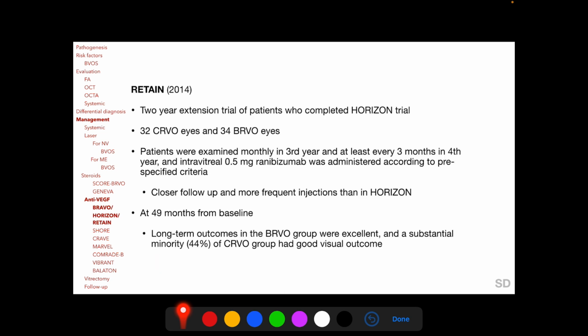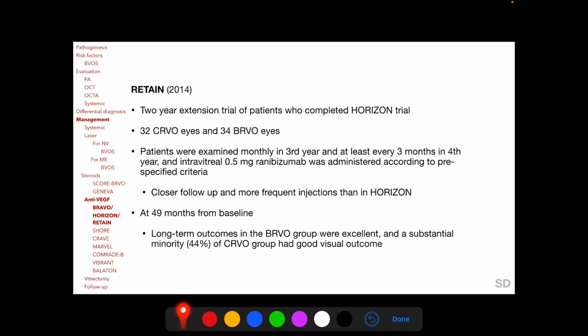The RETAIN study was a further 2-year extension trial of patients who completed the HORIZON trial, and this study had 32 CRVO eyes and 34 BRVO eyes. Patients were examined monthly in the first year of this trial, that is in the 3rd year since the baseline of the CRUISE and the BRAVO trials, and at least every 3 months in the next year. An intravitreal 0.5 mg ranibizumab was administered according to pre-specified criteria.